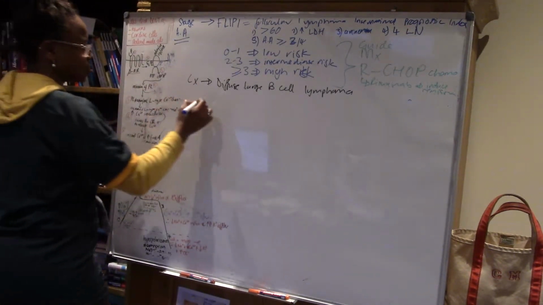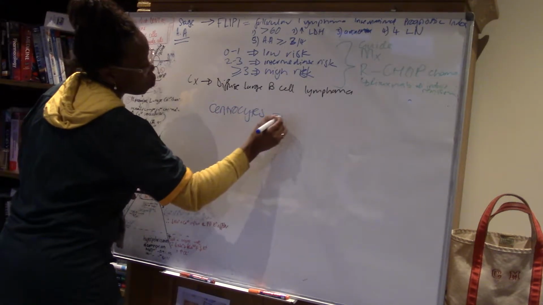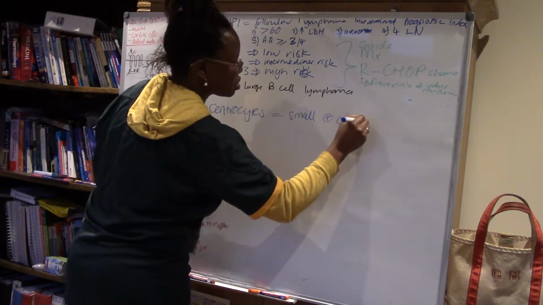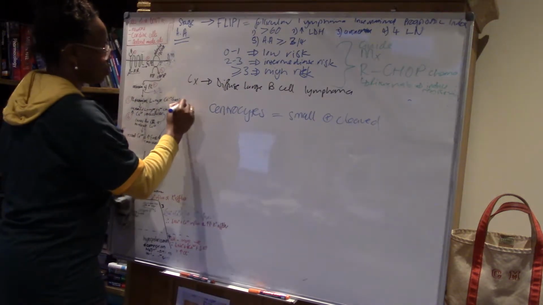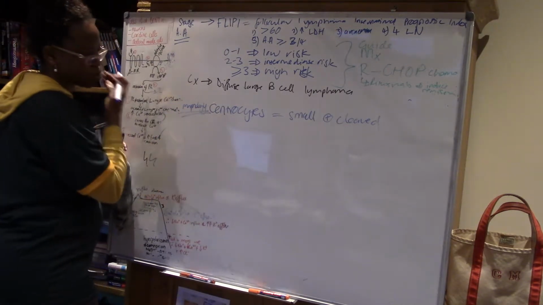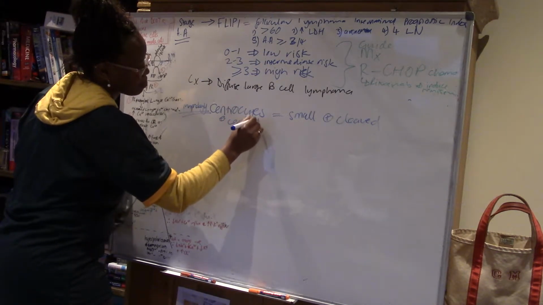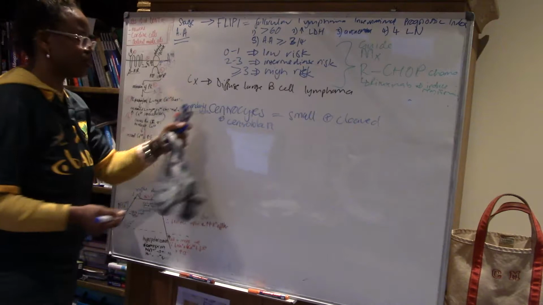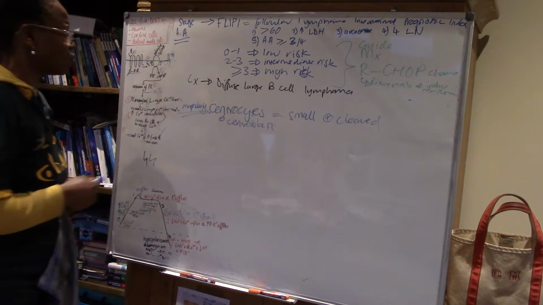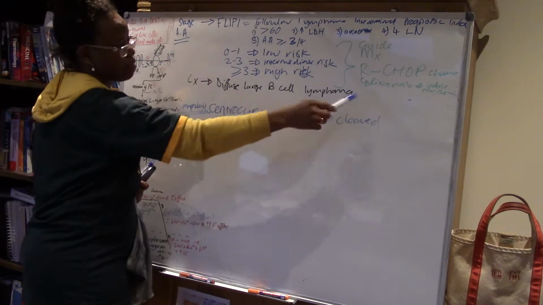Again, it's B cells, so it's usually centrocytes, which are small and cleaved cells. This is the morphology, what you see under the microscope. They can also be centroblasts, which are obviously larger than the centrocytes. So when it transforms, you stop seeing centrocytes and then it becomes diffuse large B cell.